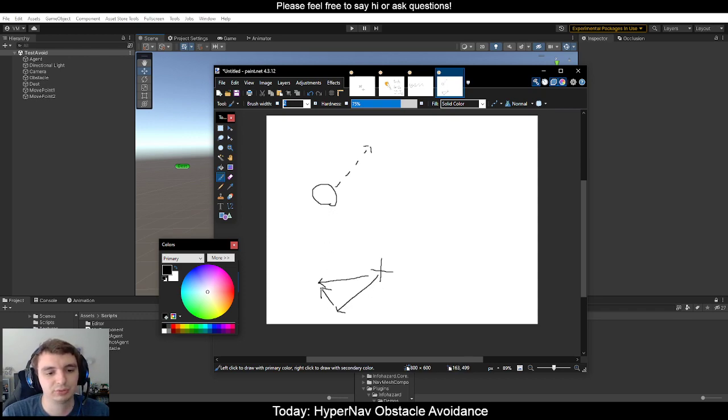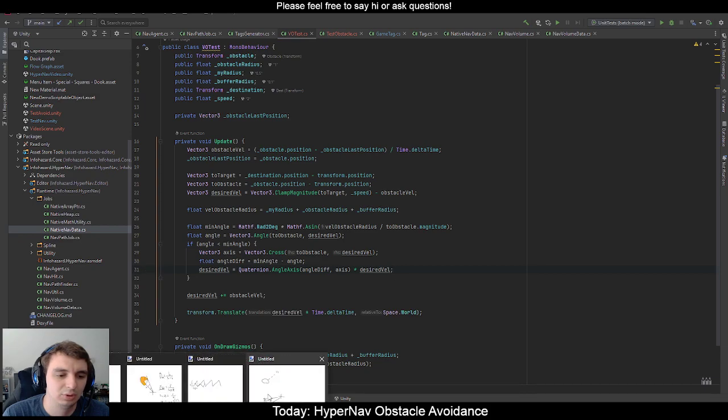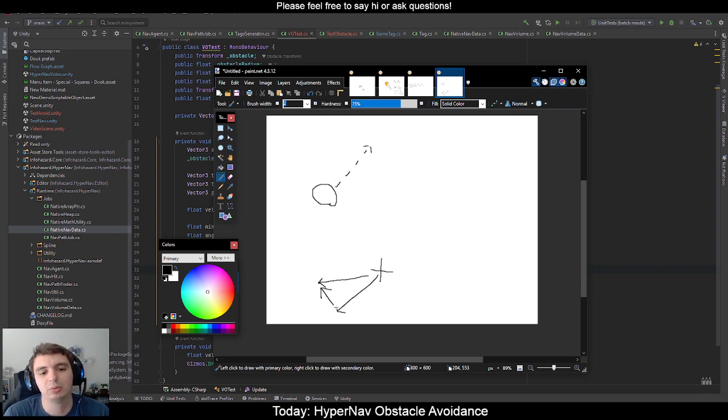But what I really want to do is rotate this vector from this point. But the problem is this isn't a single point. This thing can scale.